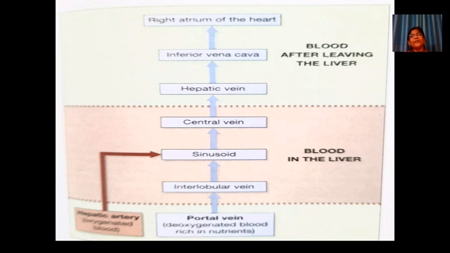All the central veins together form the hepatic vein. From this hepatic vein, the blood drains into the inferior vena cava. This inferior vena cava enters into the right atrium of the heart. Okay, clear? That is the blood flow in the liver and blood flow after leaving the liver.